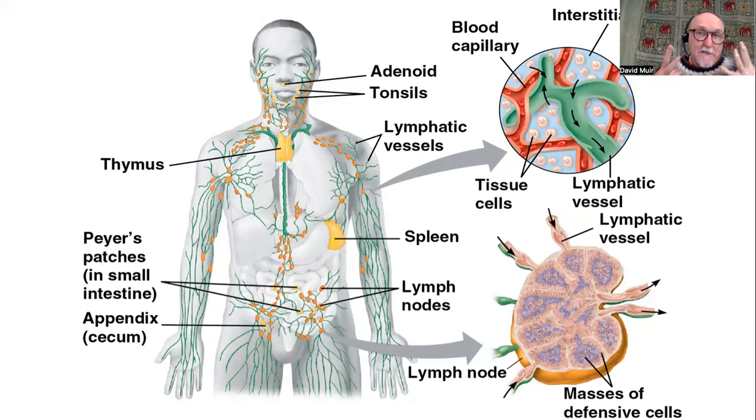And all of these tissues are actually kind of filtering the lymphatic fluid. They are acting as a center where the cells that are going to produce the adaptive immune response reside. So these here are full of cells associated with the adaptive response.